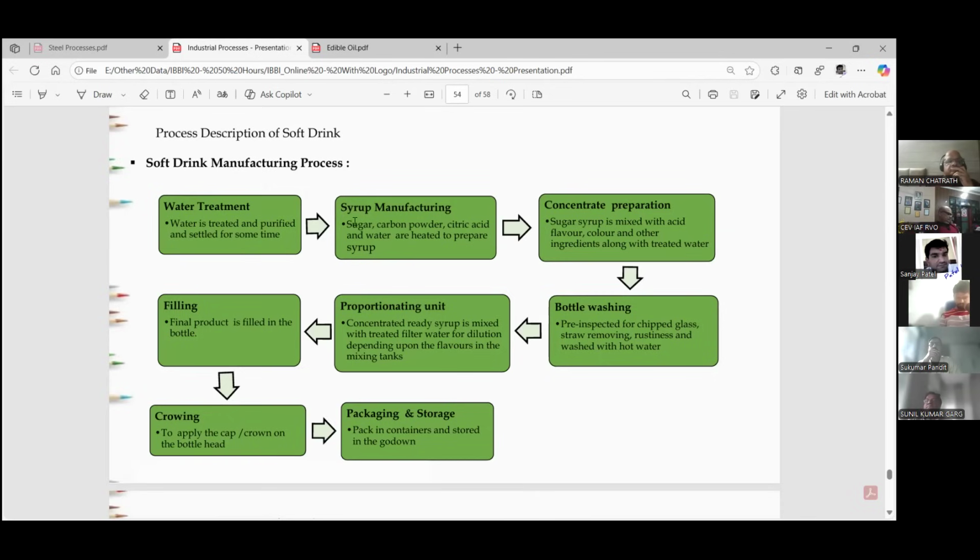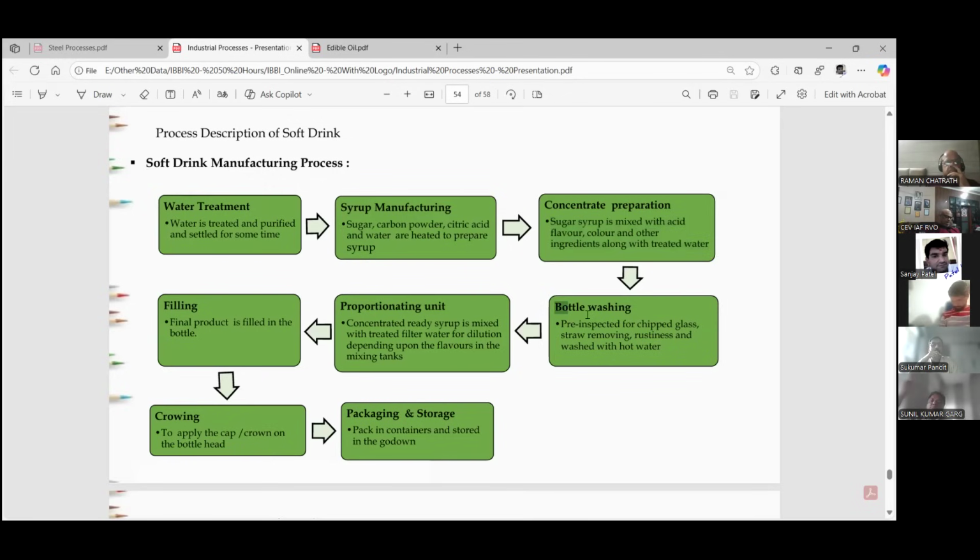Sugar, carbon powder, citric acid, and water are heated to prepare a syrup. Then the sugar syrup is mixed with the acidic flavor and color. Now we know that we are consuming the beverage, and whatever glass bottles are there, they go back to the factory for refilling.